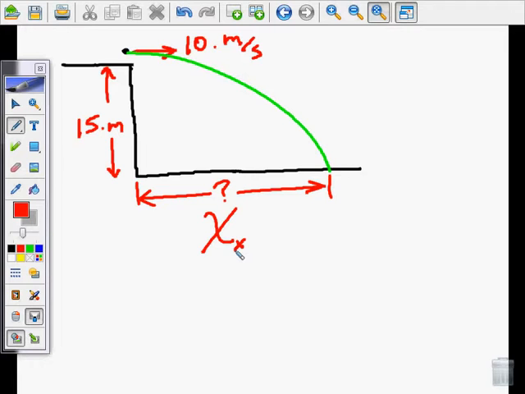It's the displacement in the x direction, whereas the height of the cliff over here, that's the displacement in the y direction. So over here we could say x in the y direction, x sub y equals 15. X sub x is called the range.